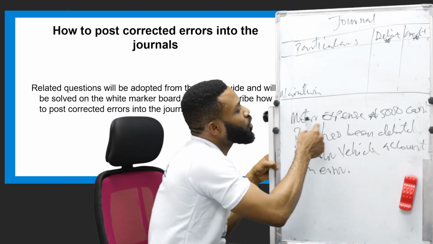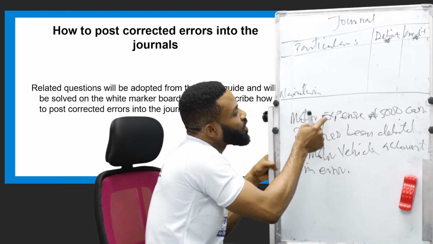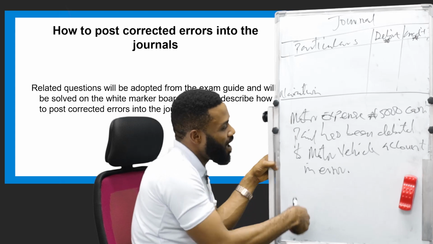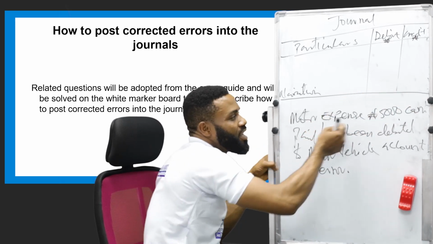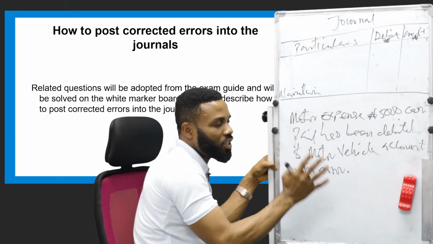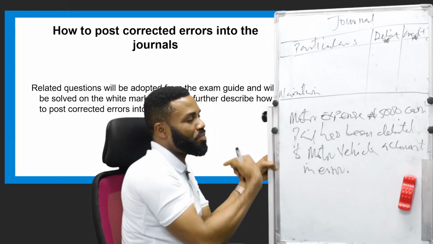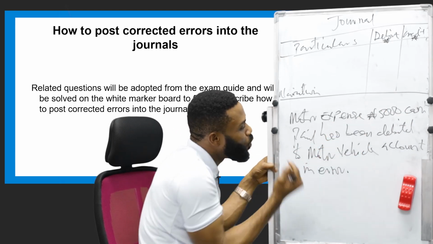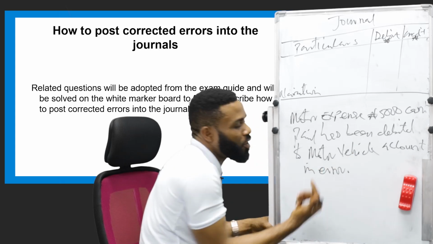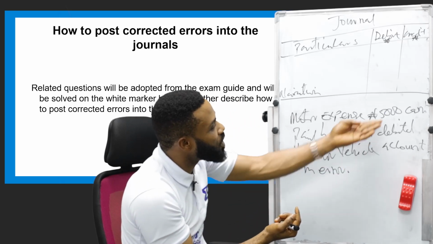So when motor expense is paid, motor expense is supposed to be debited and then cash credited. That would have been the straightforward posting. But they said that this transaction was debited in motor vehicle. That is what is bringing motor vehicle into the scene.